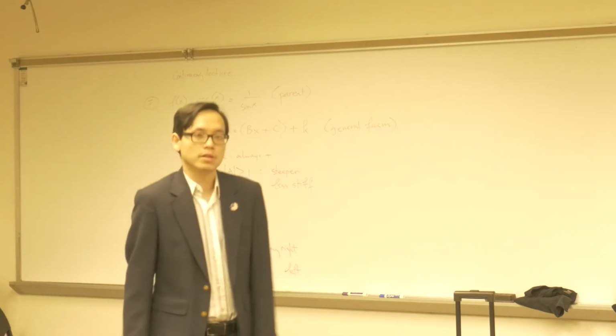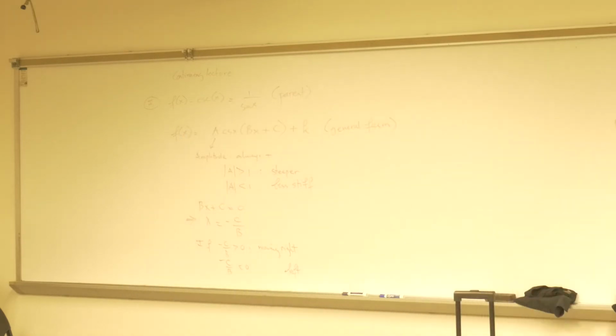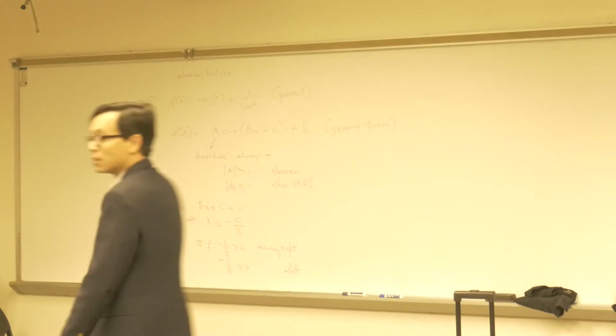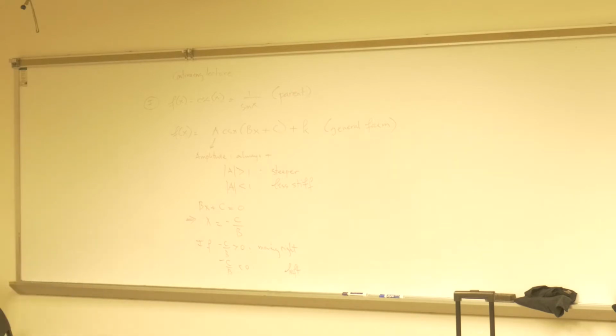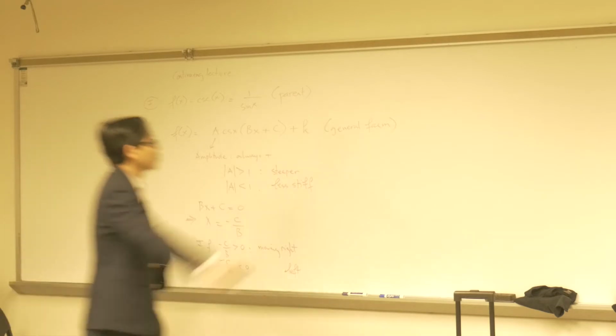And the k value represents the vertical transformation. If it turns out to be positive, we know that it's moving up k units. If it's negative, it moves down by k units. So now I'm going to replace A with 1.